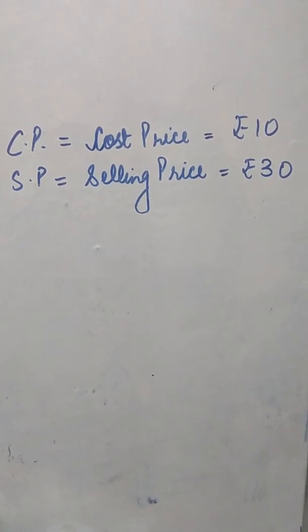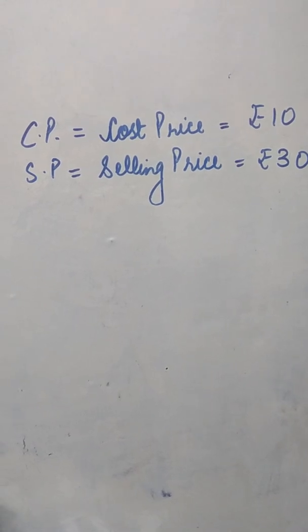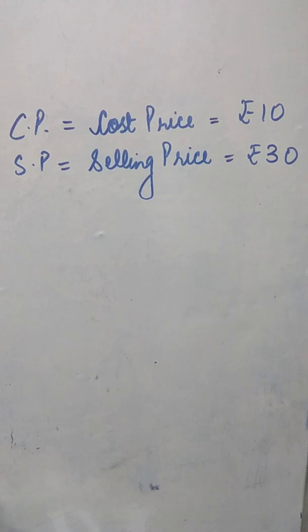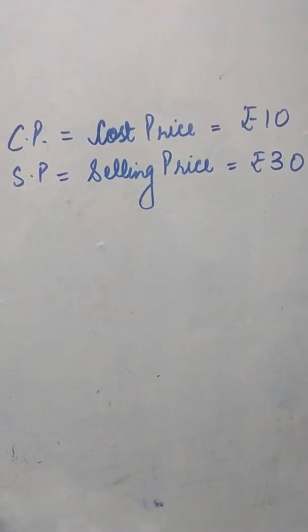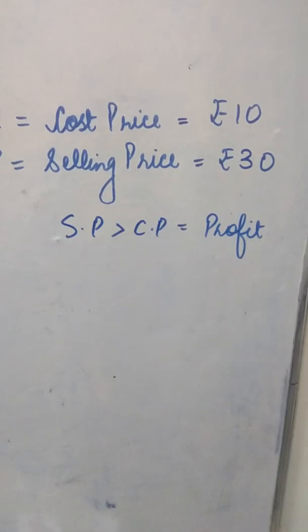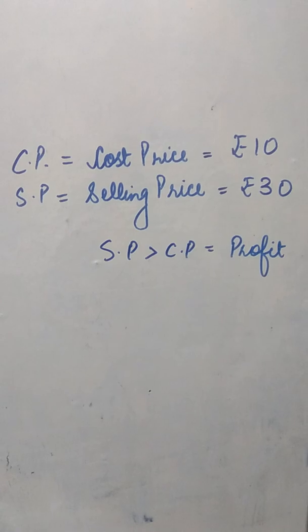That means that Mark has invested less amount on the candy than he has gained. So over here we say that the selling price is greater than the cost price. In such a situation we say that there is a profit.